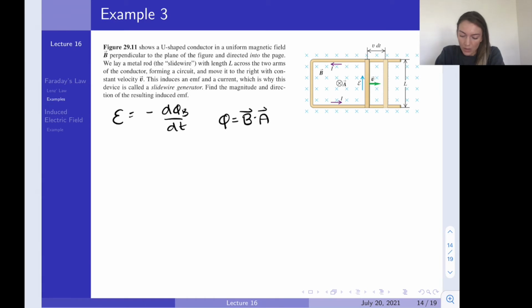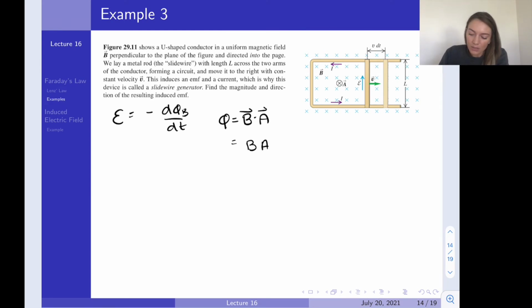So the flux through this area, so we're looking at the area enclosed by our circuit here. This area is going to be just the magnitude of the magnetic field times whatever the area of that little circuit area is here. But now, nothing's changing here yet.